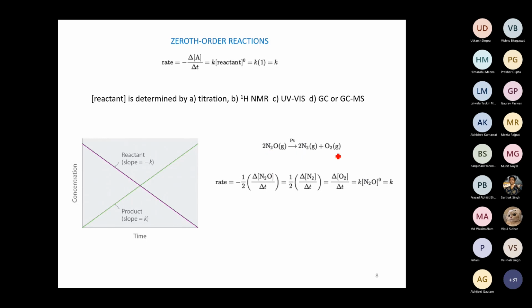This is a zero order reaction, zero order with respect to the starting material, N2O. The rate is minus half the change of concentration of N2O divided by time, because it's the starting material, and you can see that 2N2O is converted to 2N2 plus O2, so that's why it is half, as you know from Shashank Dev's class.